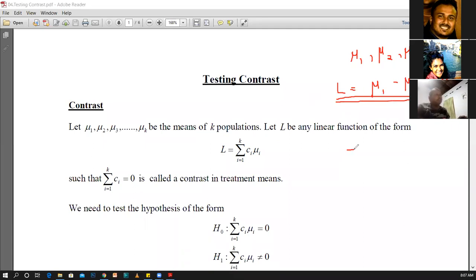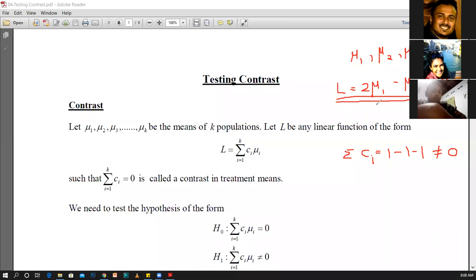It is because once you check the summation of the ci values, the c1 value is 1, the c2 value is minus 1 and the c3 value is minus 1, and the summation of these three values does not equal 0. Since the summation of the ci values does not equal 0, we cannot call such a linear combination a contrast.